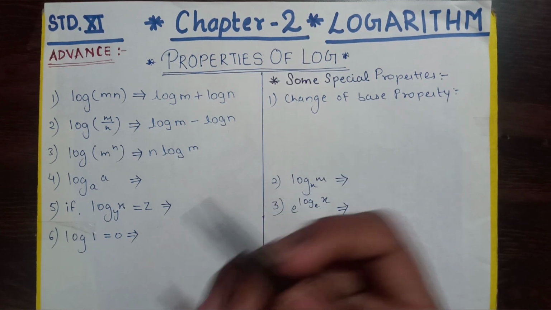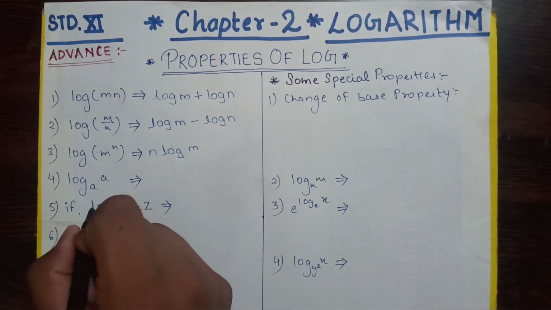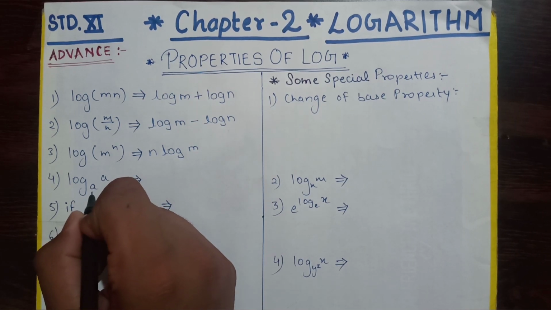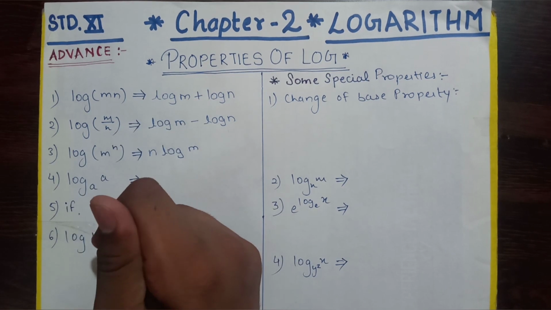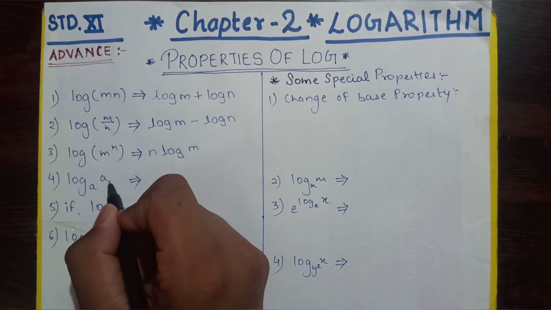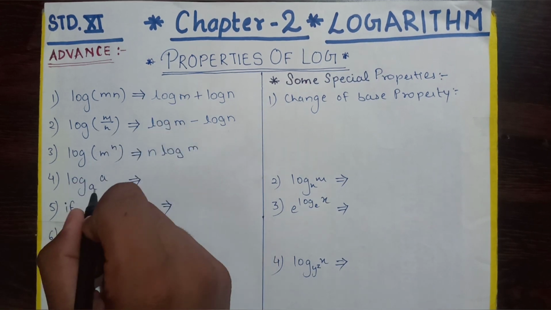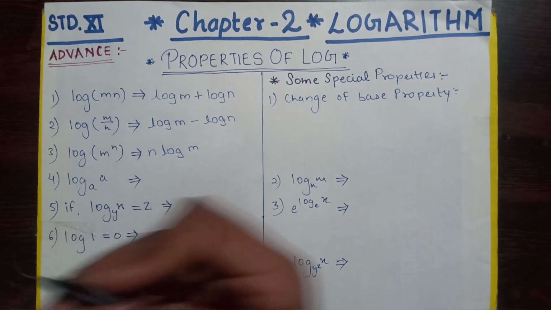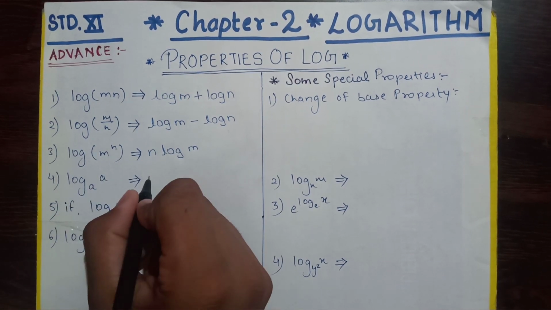Now coming to the fourth property, we have log a to the base a. In the last video I told you that if the number and the base are the same, then we write it as 1. Therefore log a to the base a becomes 1.